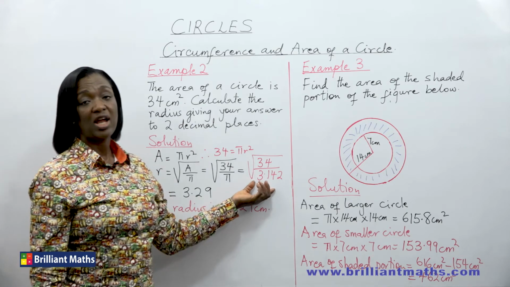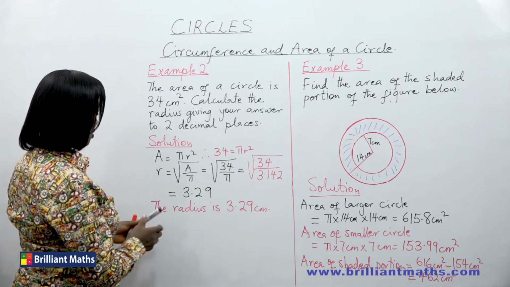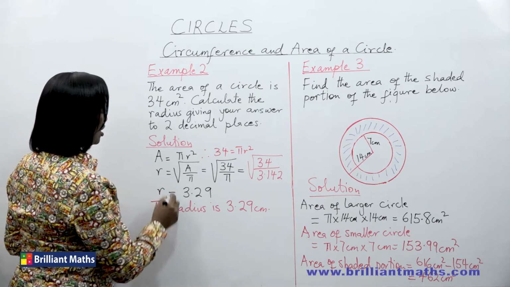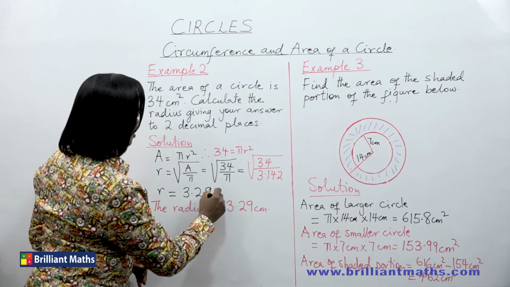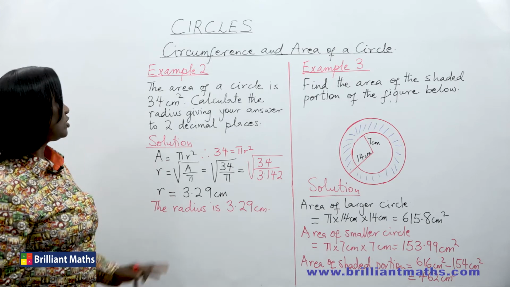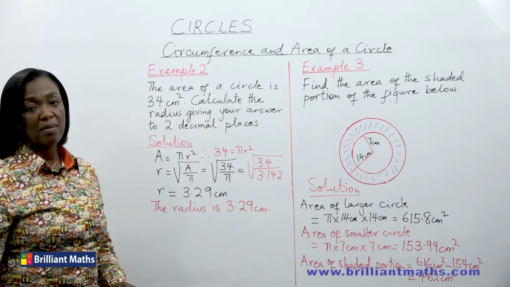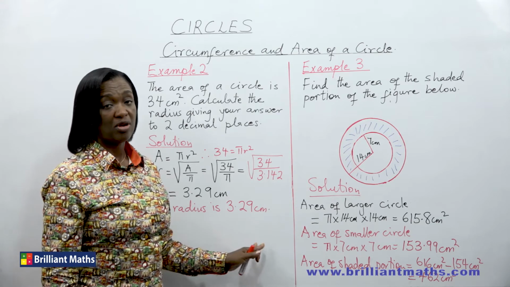If you put that in your calculator, you will find that r, which is the radius, is approximately 3.29 centimeters. So the radius is 3.29 centimeters to 2 decimal places. If it was to 1 decimal place, it would be 3.3.